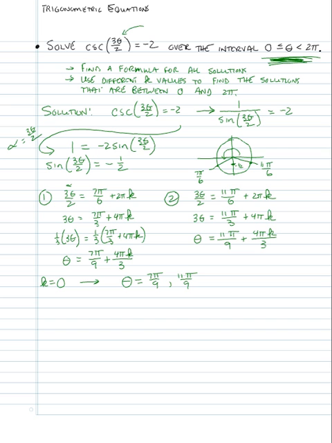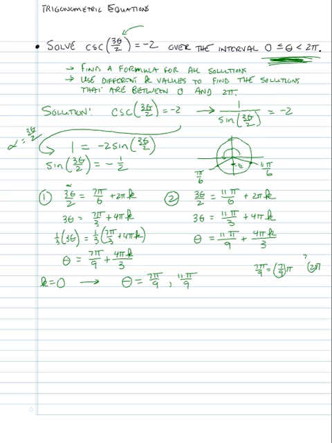Well, how would we know that? Here's really what we're comparing. Just think about this. 7 pi over 9 is the same thing as 7 over 9 times pi. So when we compare that to 2 pi, we're comparing the 7/9 and the 2. Is 7/9 smaller than 2?